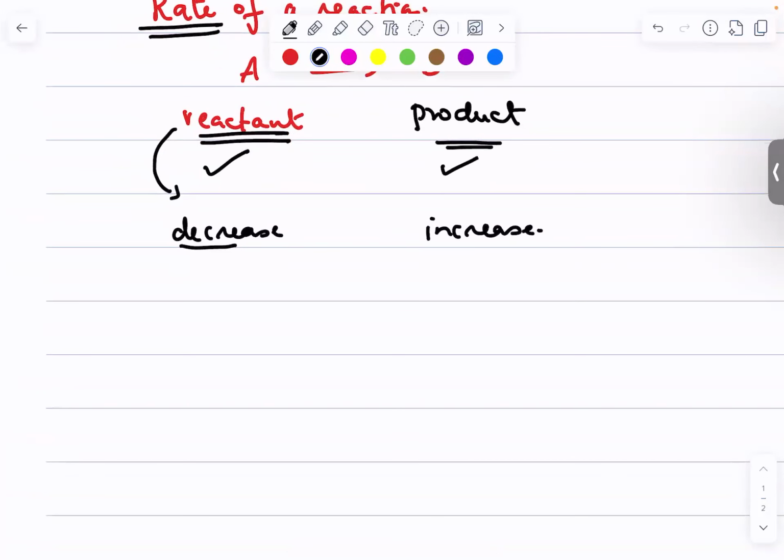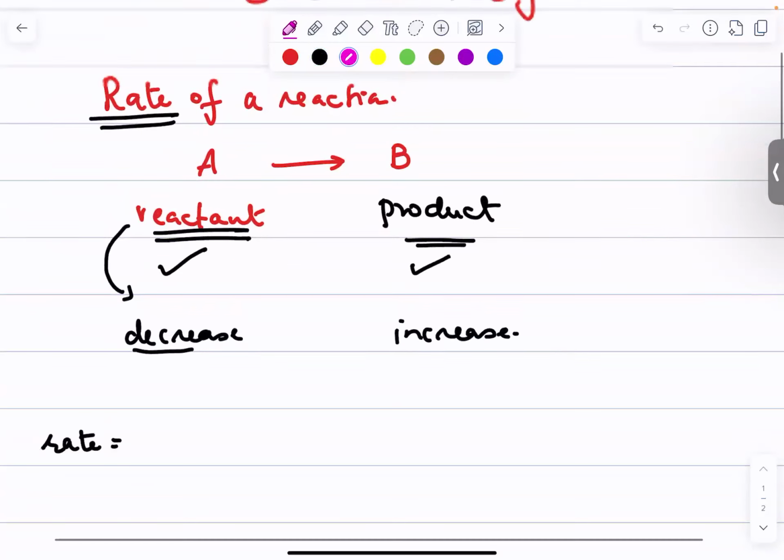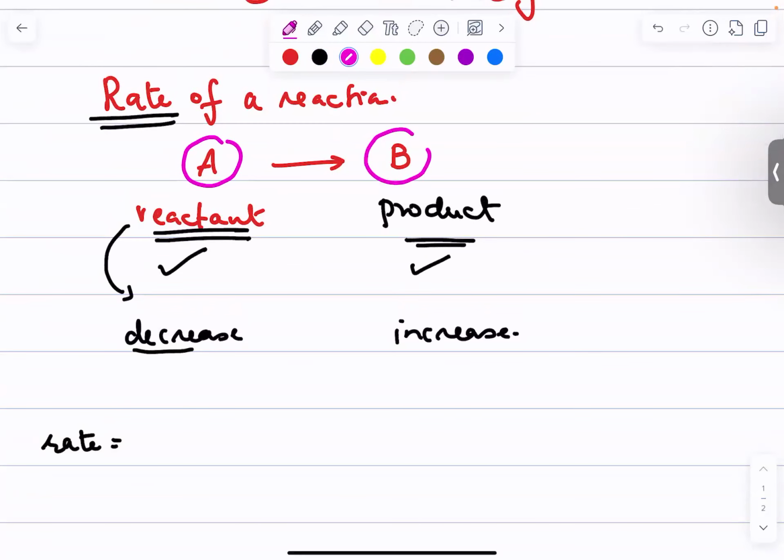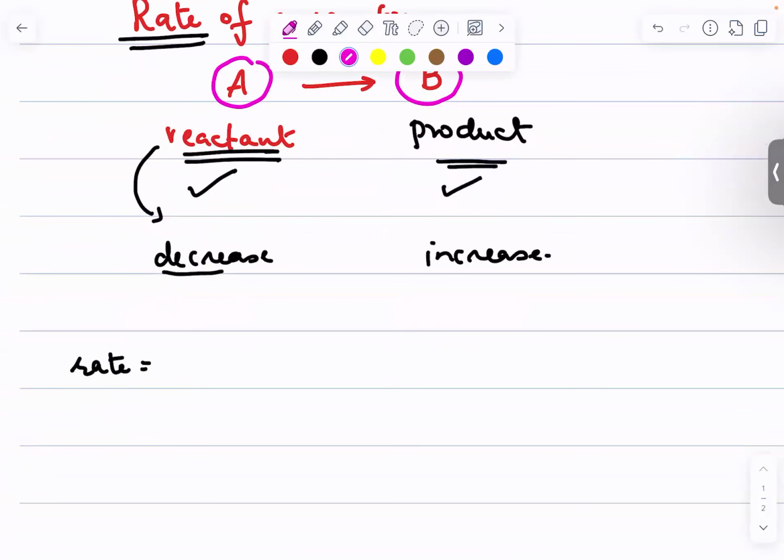All right. So the rate is equal to, now be very careful. Let's suppose, as I told you, this reactant is A and product is B. So when I'm going to find out the rate in terms of reactants, I'll write minus the change in concentration of A divided by the change in time.